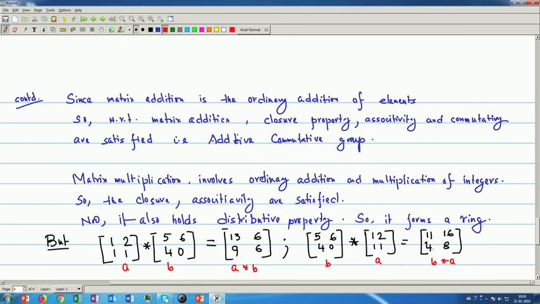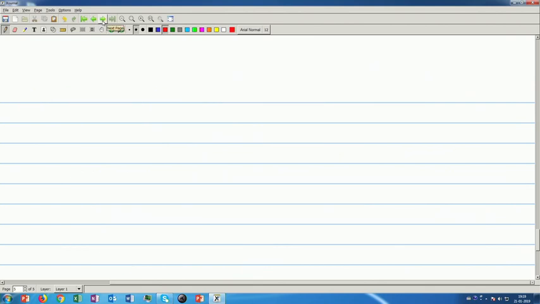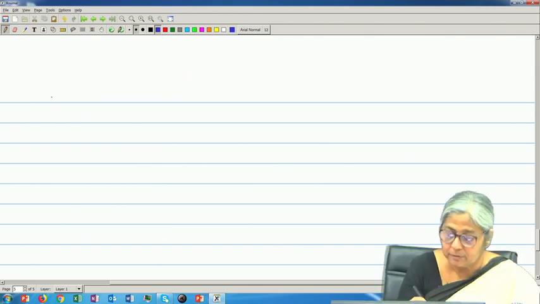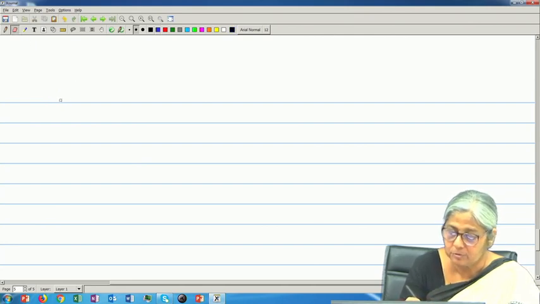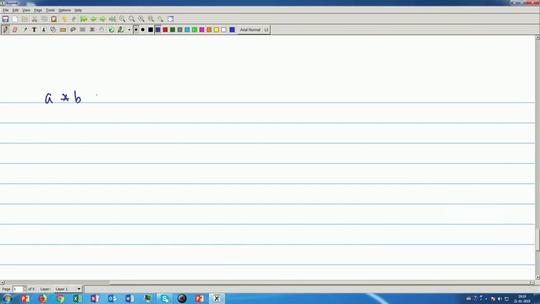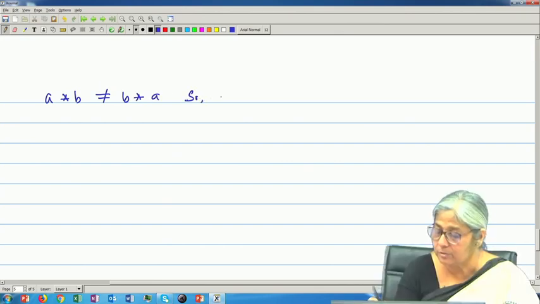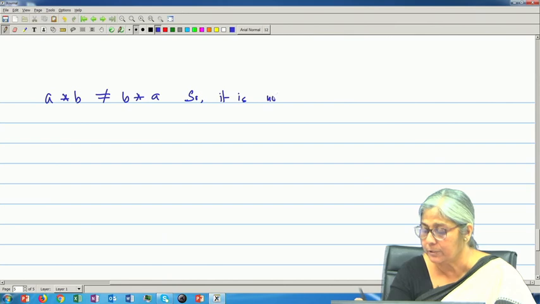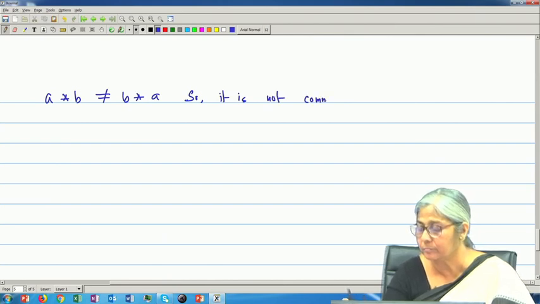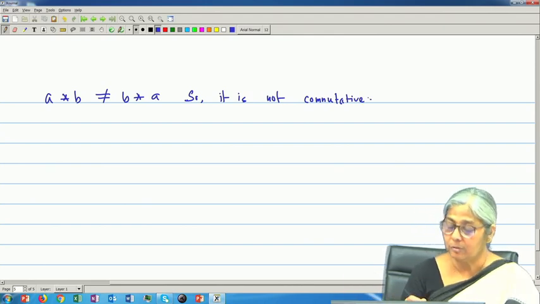So, what we can conclude is that, with respect to matrix multiplication, A star B is not equal to B star A. So, it is not commutative.